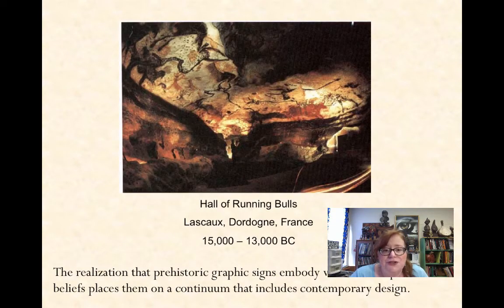And the realization that prehistoric graphic signs embody values and express beliefs place them on a continuum of time. We could do a timeline that includes contemporary design. And indeed, again, if you look in your book on page 342, just before we get to the vocab list, they have a list of dates.